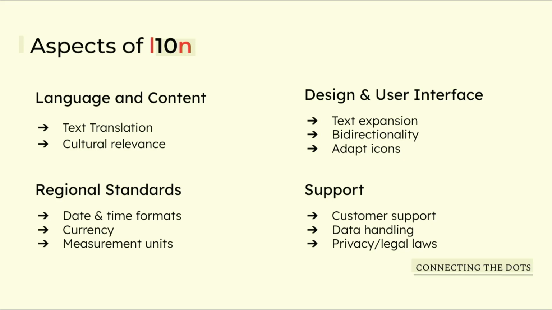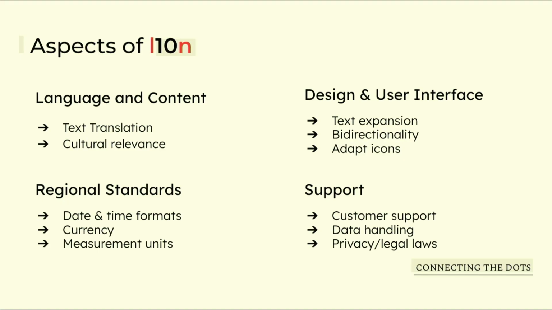Now, localization is not always a trivial thing to work with. It can become non-trivial the moment you start to go global. So I have tried to break it down into these four aspects, which can be a good starting point when you are trying to go global. The first one is language and content.